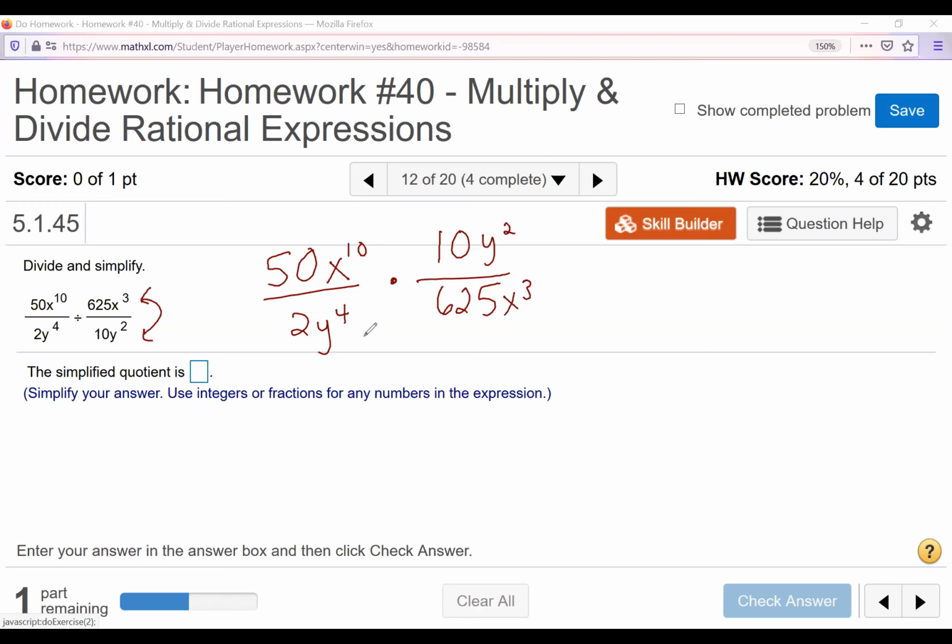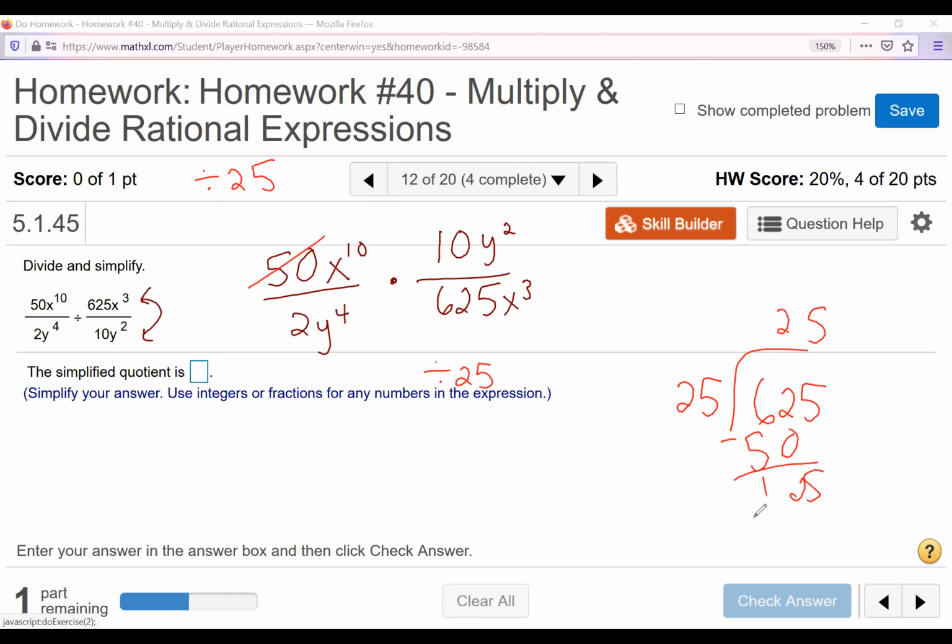Okay, so we can definitely simplify quite a bit here. There's a few different ways you could go with reducing. I think we're kind of used to doing it diagonally, looking at the numerator of one fraction and then simplifying with the denominator of the other. So we can start there. 50 and 625, they both can be divided by 25. I don't trust myself to do it in my head right now.